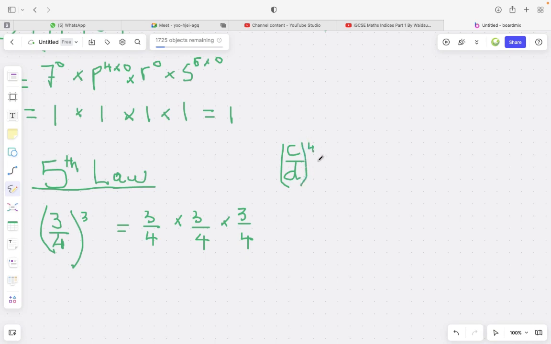This will be equal to C over D times C over D times C over D times C over D, in 4 places. Okay, this will be C over D multiplied by another C over D, multiplied by another C over D.